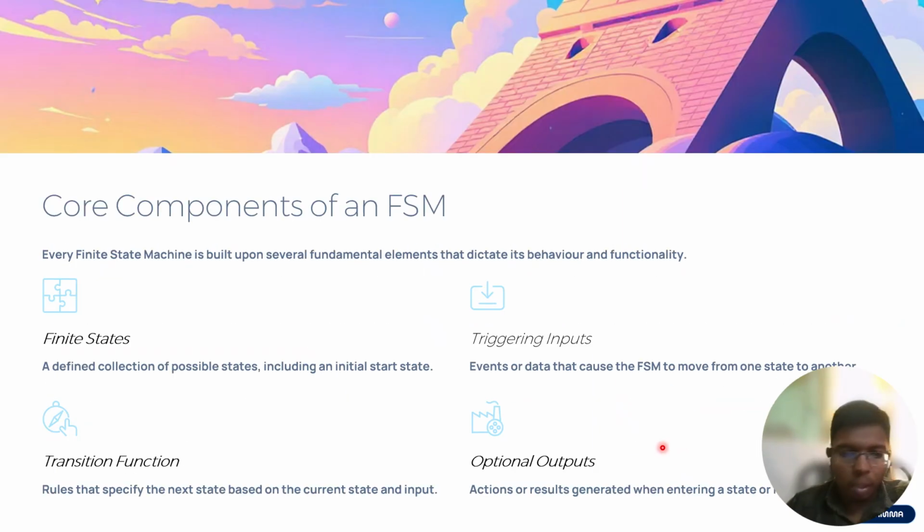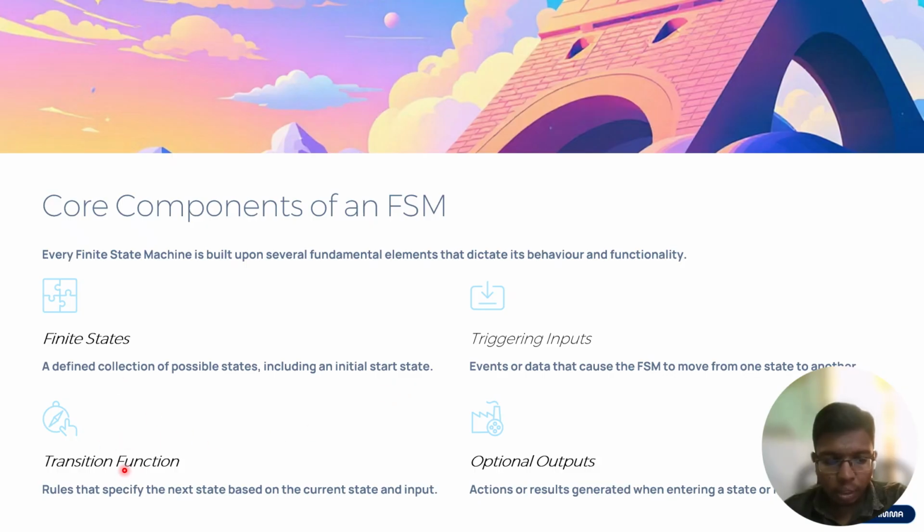Next, core concepts of finite state machines. Every finite state machine is built upon several fundamental elements that define its behavior and functionality. States: a defined collection of possible states, including an initial start state.